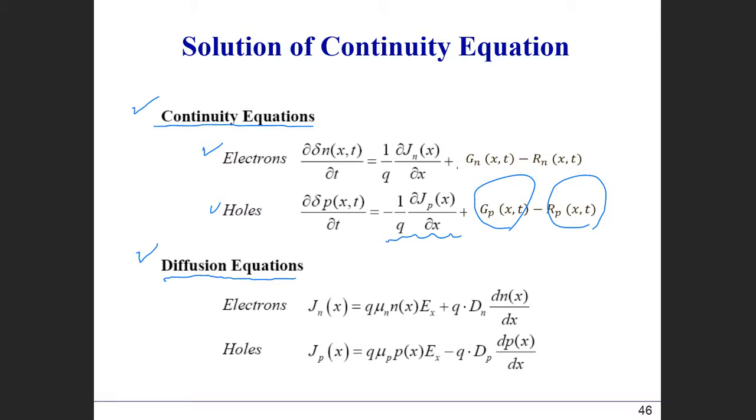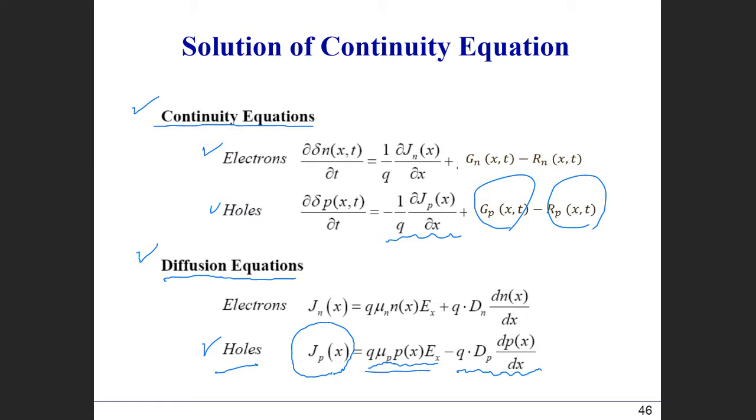The diffusion equation simply tells us about the total current contribution in this semiconductor material. For example, if we look at the hole, the total hole current comes from the first part, drift current, and the second part, diffusion current.